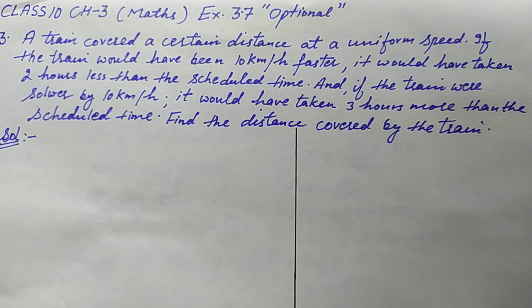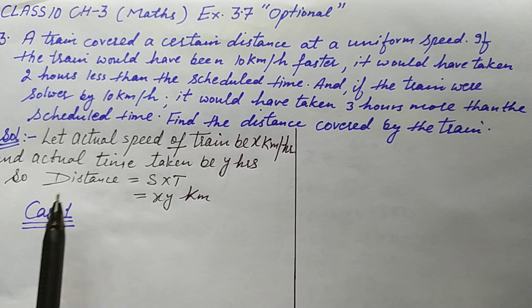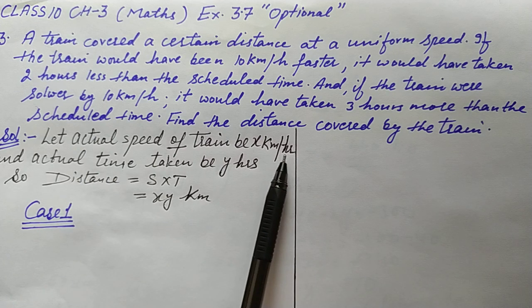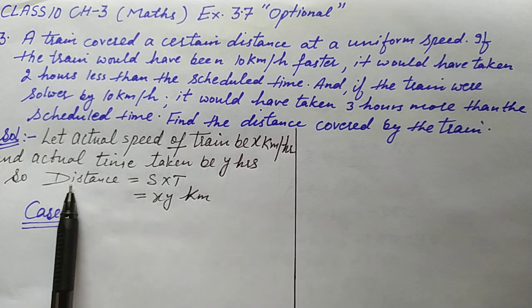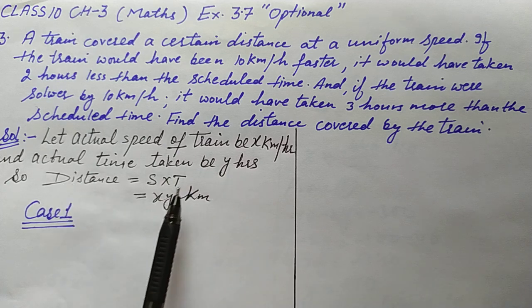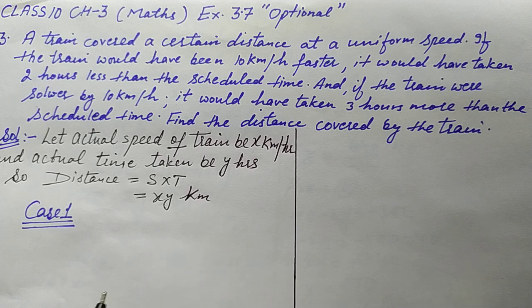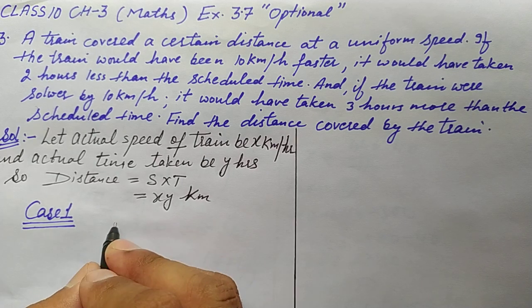So let's start the question. We will assume the actual speed of the train as x km per hour and actual time taken as y hours. So let the actual speed of the train be x km per hour and actual time taken be y hours. Then distance traveled will be speed into time, that is x into y, xy kilometers. Now the first case is the new speed.